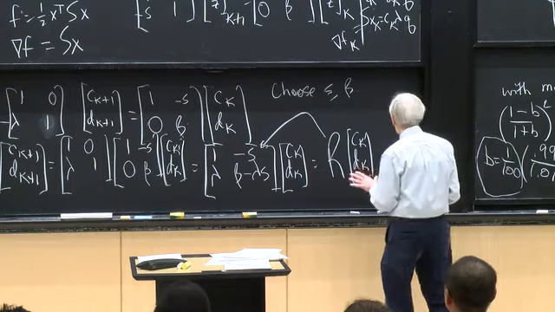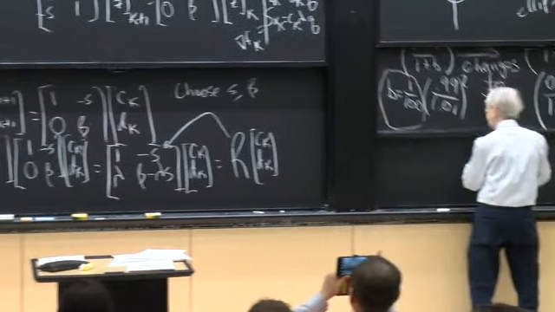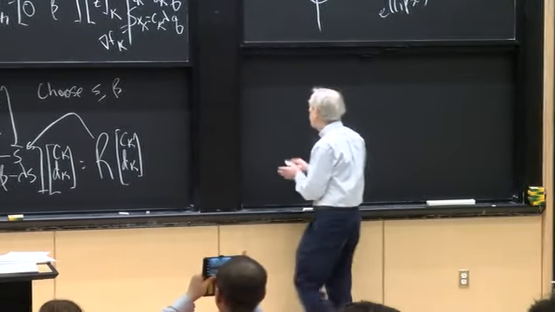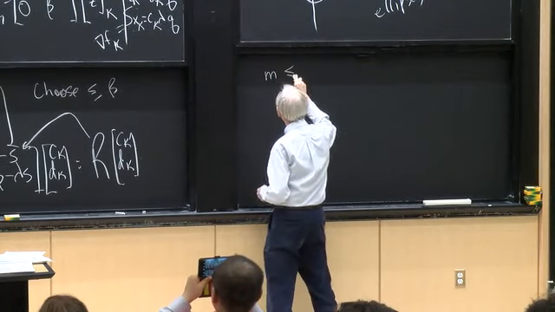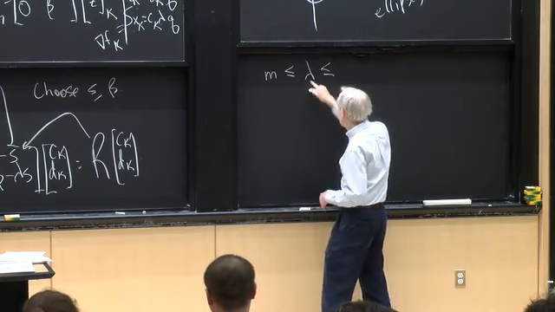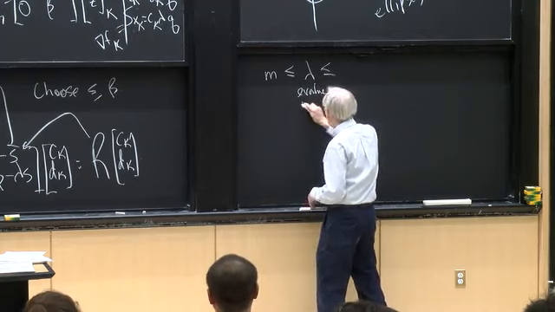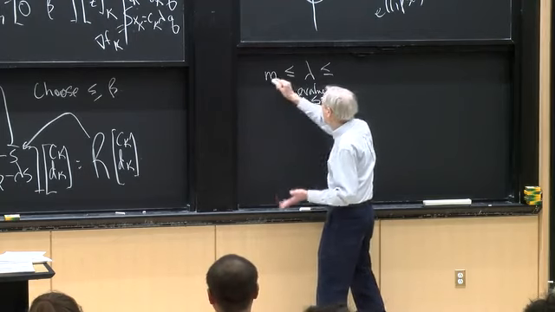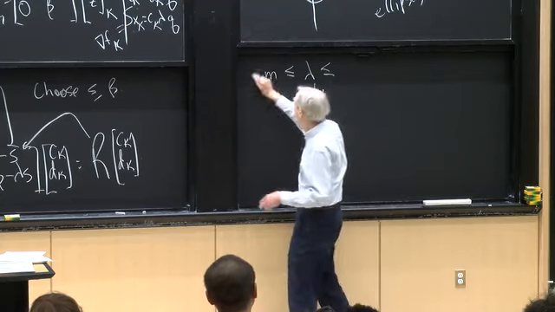So now here we really go. So we have lambda between some m and M. These are the eigenvalues of S. And what's reasonable to know is a lower bound.